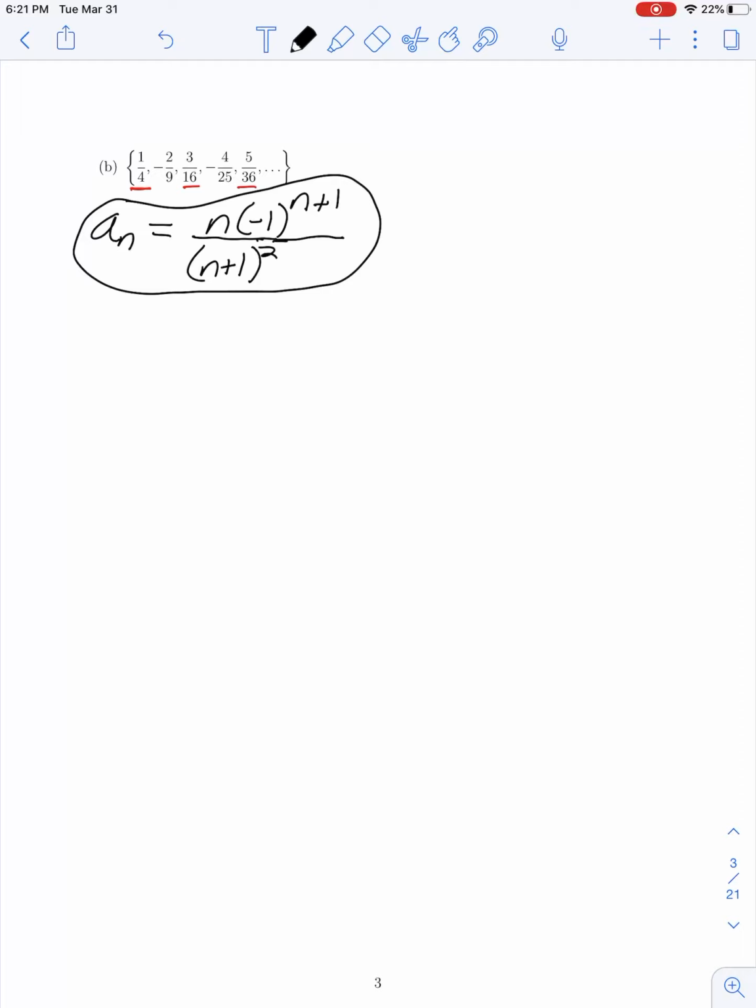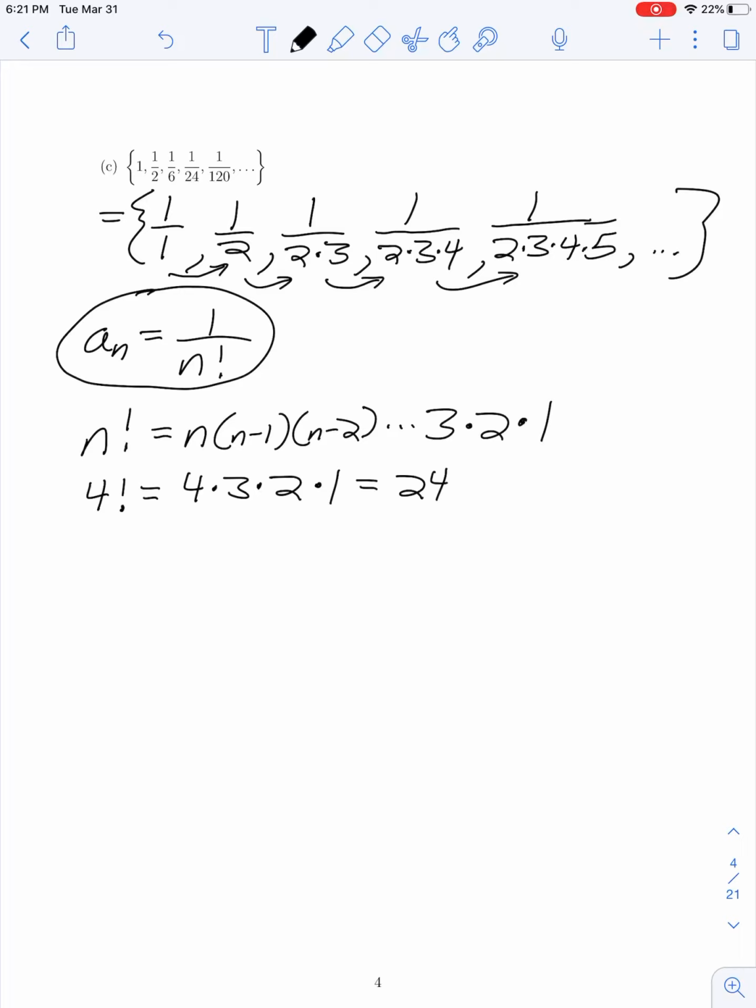Now for our second example, we had these terms that were alternating in sign, but the values of our fraction were getting smaller and smaller. So here we would have, again, a sub n seems to be approaching 0 as n gets larger.